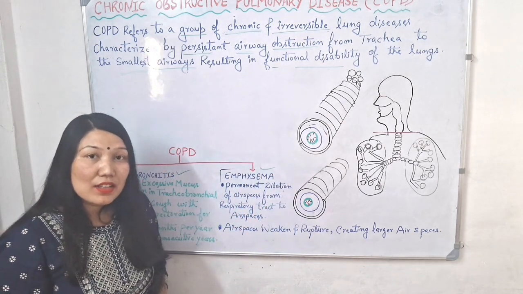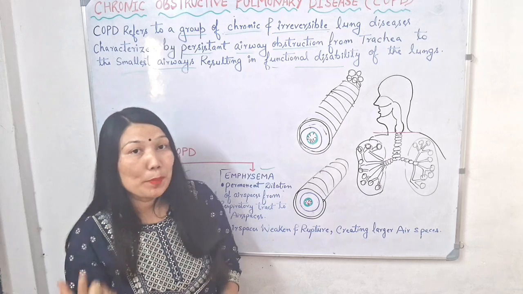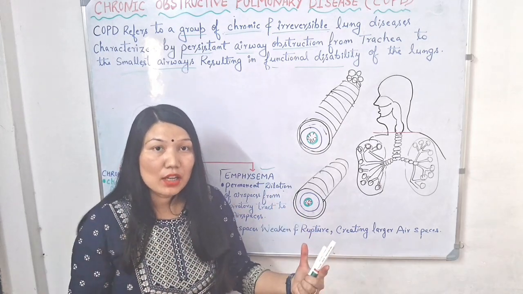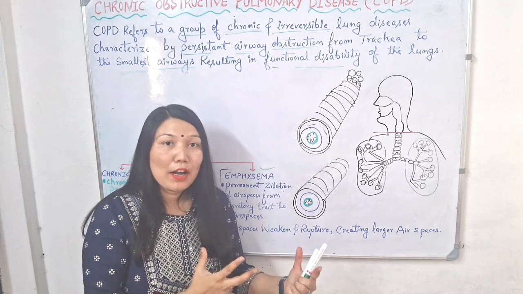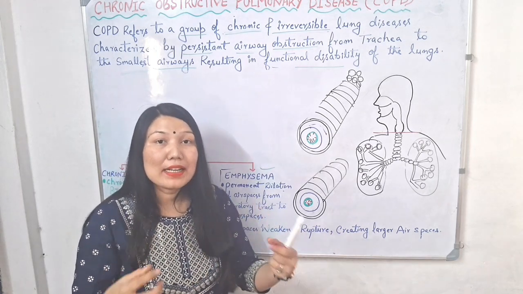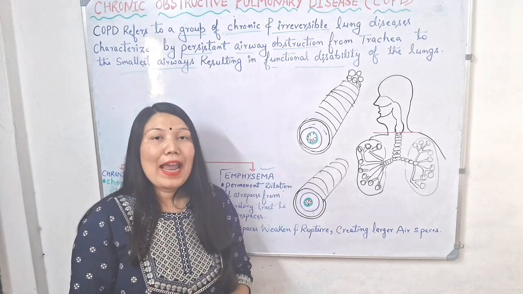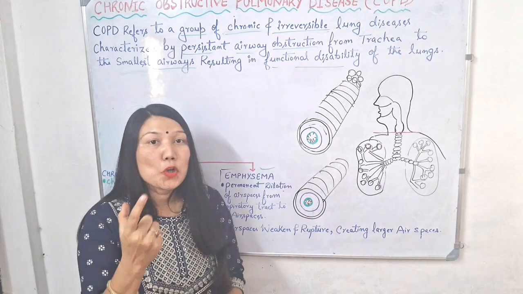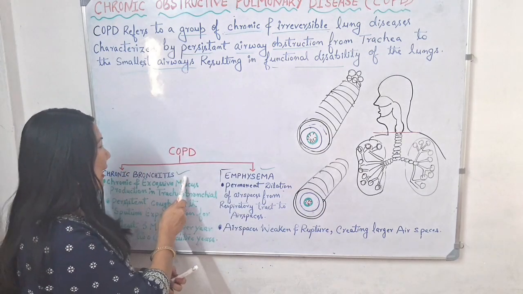Asthma and bronchiectasis do not come under COPD because they are themselves very big disease conditions. So we cannot categorize asthma or bronchiectasis under COPD. At present only 2 disease conditions are taken under COPD, chronic bronchitis and emphysema.